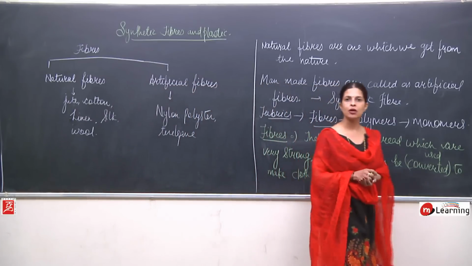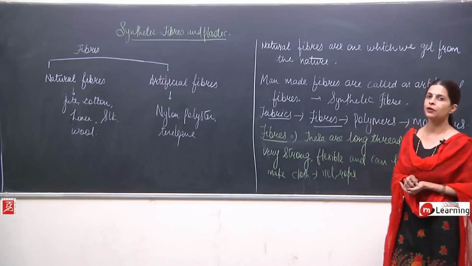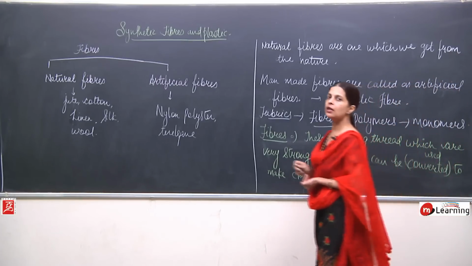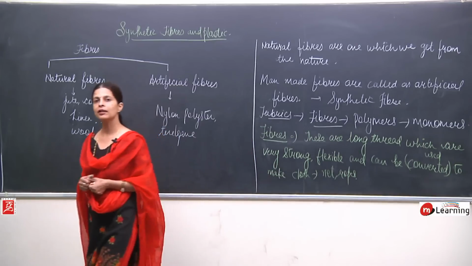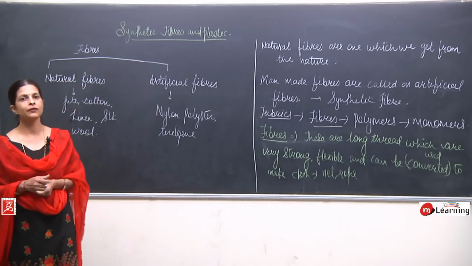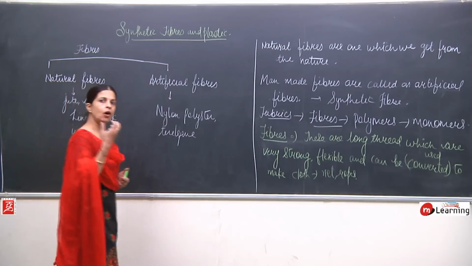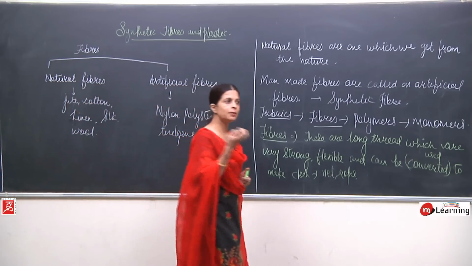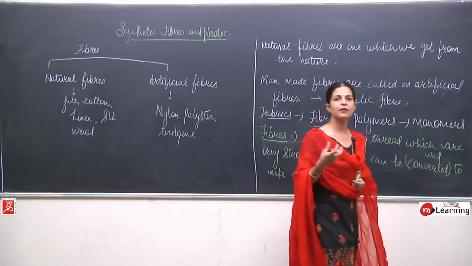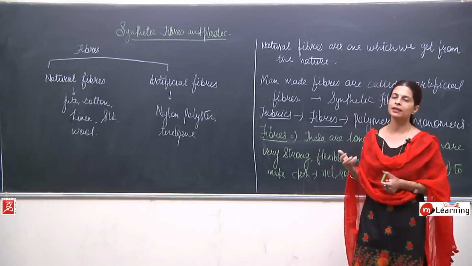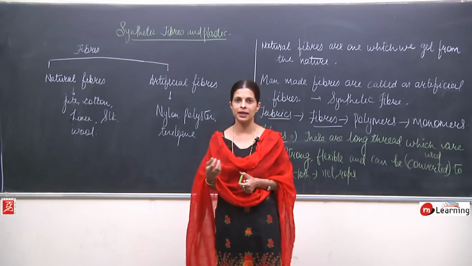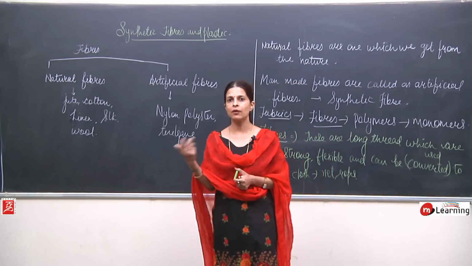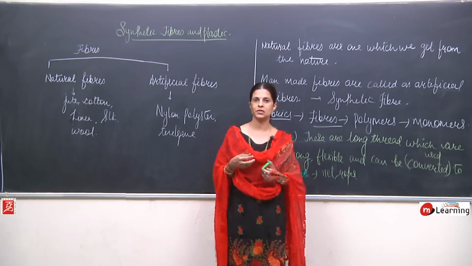But now we will talk about how different kinds of fibers are used to make different kinds of things, and what the special qualities of the fibers are. All human beings, like I am talking about behavior, each and every human being is different. Your behavior is quite different from your friend's behavior. Your nature is quite different from your parents' nature.